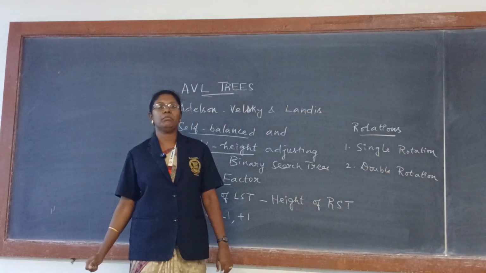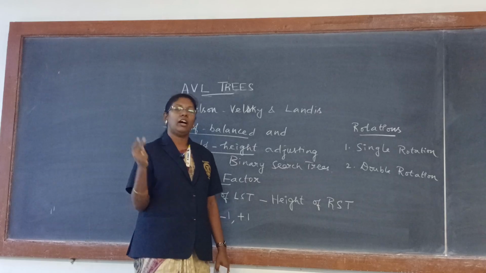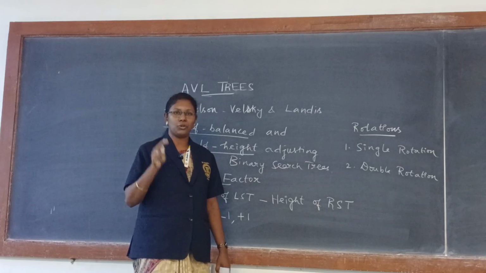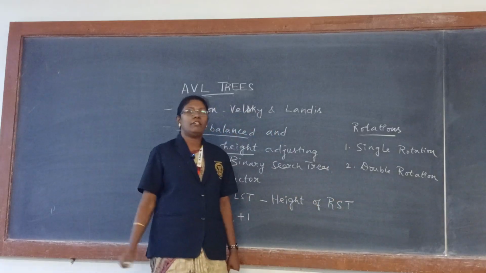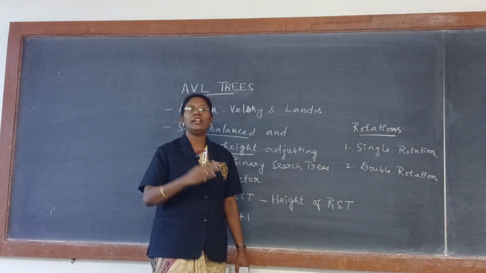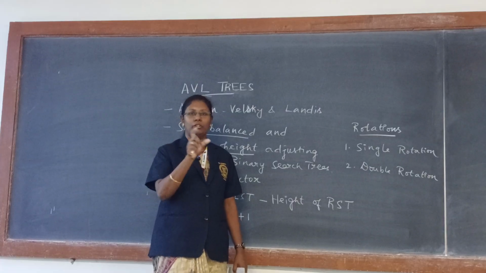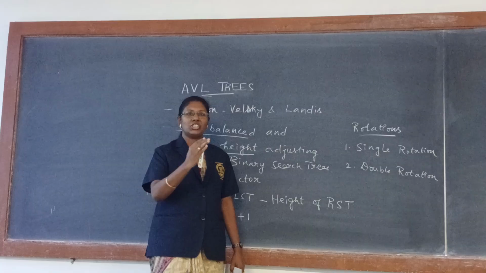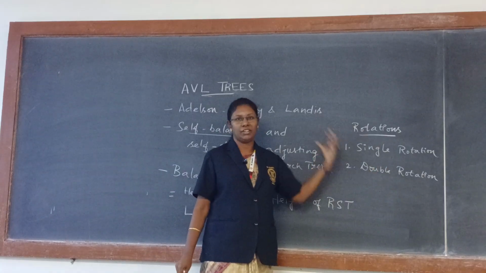Single rotation means we perform only left rotation or only right rotation. For double rotation, we perform both left and right rotations, or right and left rotations, in a single operation. Then that is considered the double rotation for the AVL trees.